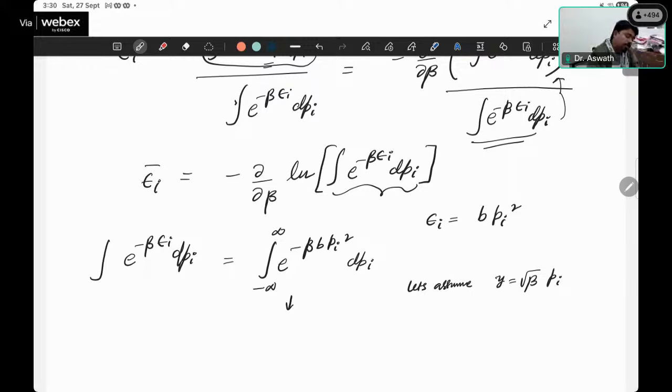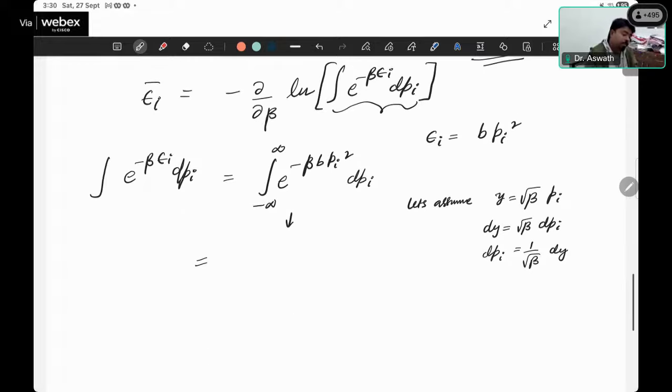The integrand becomes, when I take dy, dp equal to 1 by square root of beta dy. If you substitute those things, the integral limits are not going to change, because it is just minus infinity to infinity.